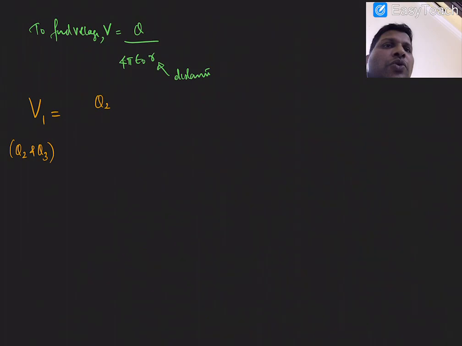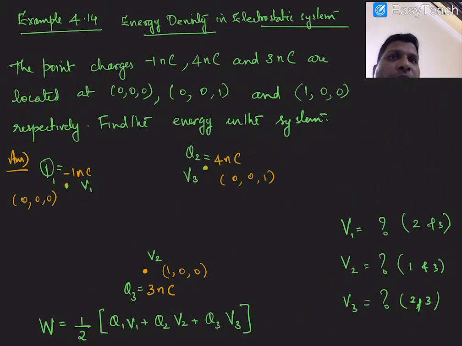So Q2 divided by 4 pi epsilon 0 into the distance. What is the distance? That's very important.